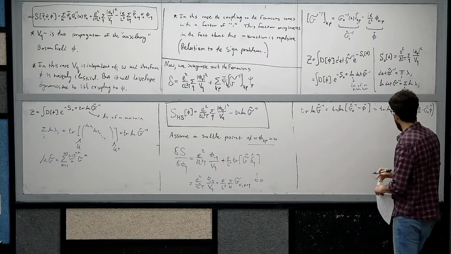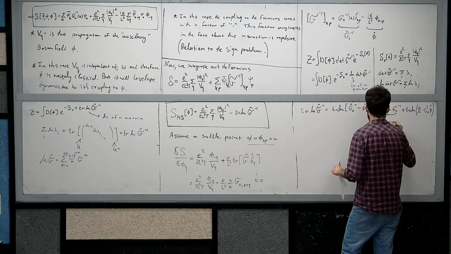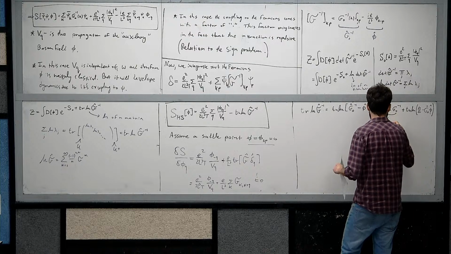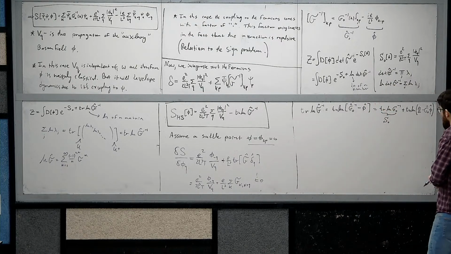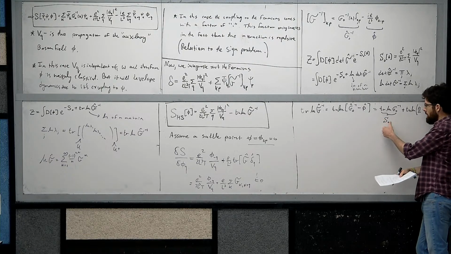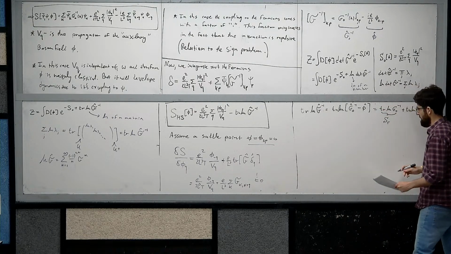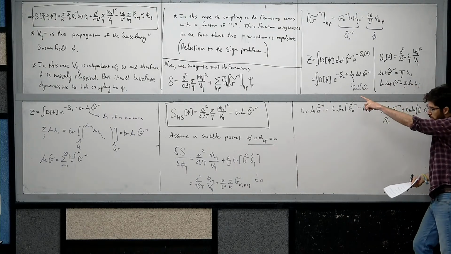And now we can expand this second term. So this term, we can call it S0 or something like that. Let's call it SF, because we already had this 0 for the field phi.